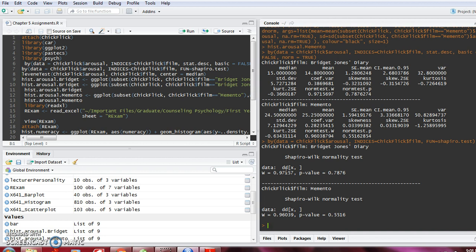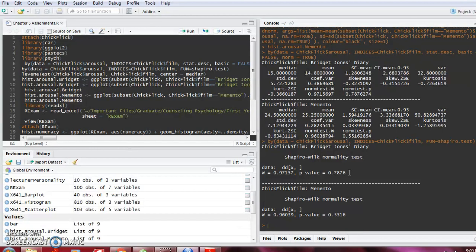So I ran that, and here for Bridget Jones's Diary, we have a p-value of 0.7876. With p-values for the Shapiro-Wilk test, if our p-value is less than 0.05 or 0.005, if that's where you want to go, this means that our distribution of data is significantly different from the normal distribution.